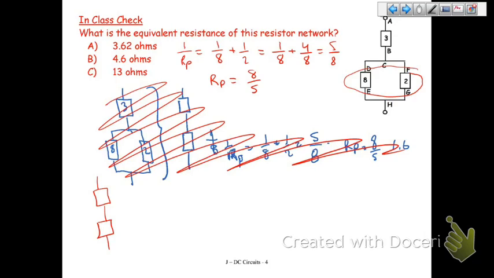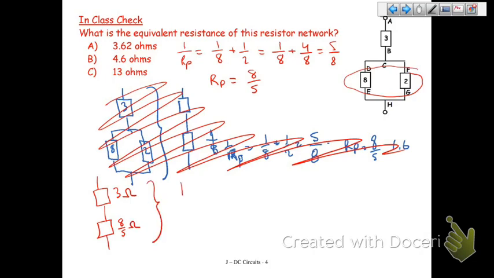I do that occasionally. I have croissants and stuff like that. But the European way is that you have this little square thing rather than this crooked little line. It's just a little rectangle. So this is going to be 3 ohms, and that's 8 over 5 ohms.